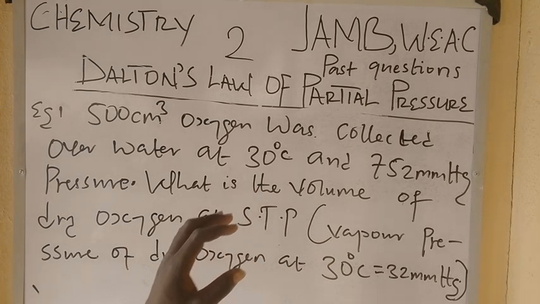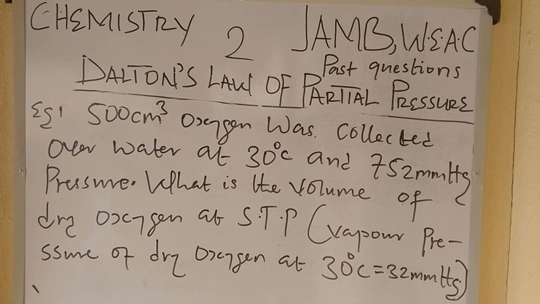You can see that we established a relationship that for you to be able to solve questions on Dalton's law of partial pressure, you must at least be conversant with about 5 to 6 formulas.